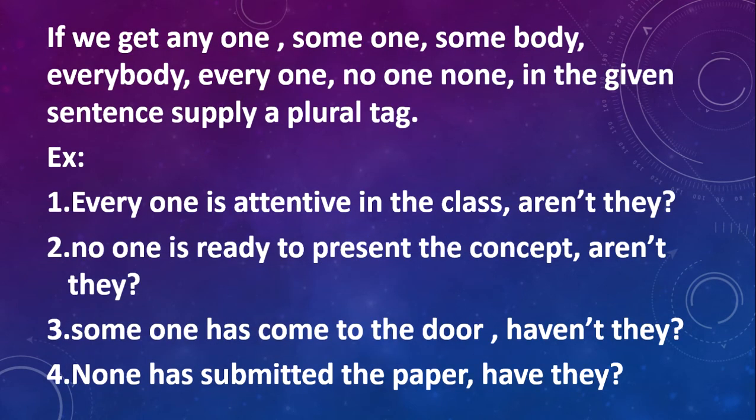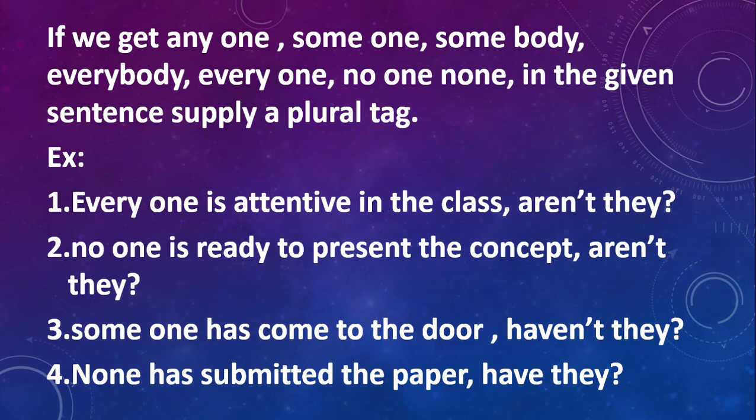If we get anyone, someone, somebody, everybody, everyone, no one, none in the sentence, supply a plural tag. If any of these particular words are present in the sentence, then use only the plural tag. Example, everyone is attentive in the class.